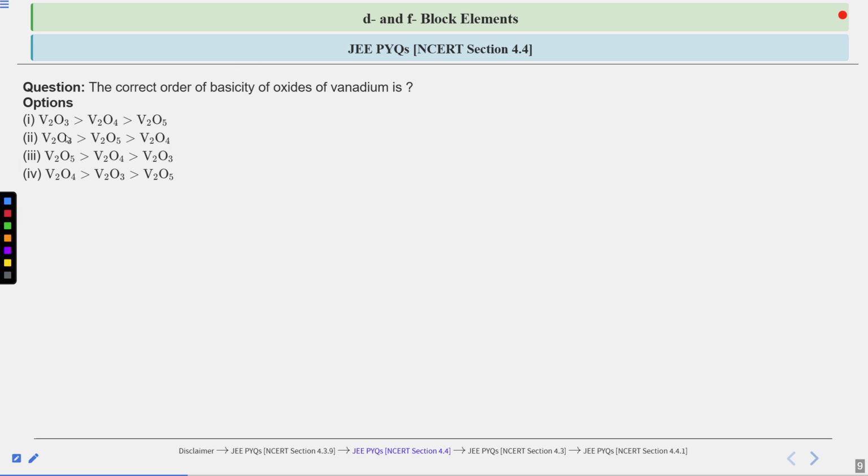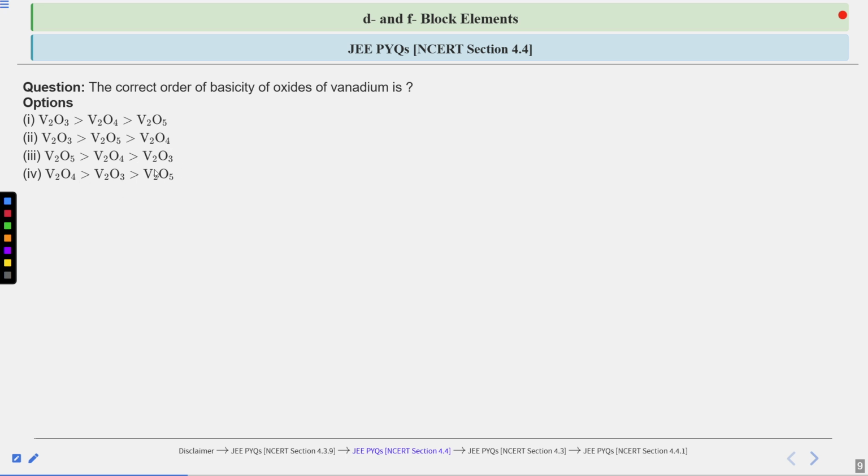The options are: V2O3 having highest basicity, then V2O4, then V2O5. V2O3 having highest basicity, then V2O5, then V2O4. V2O5 having highest basicity, then V2O4, then V2O3. Or V2O4 having highest basicity, then V2O3, then V2O5.